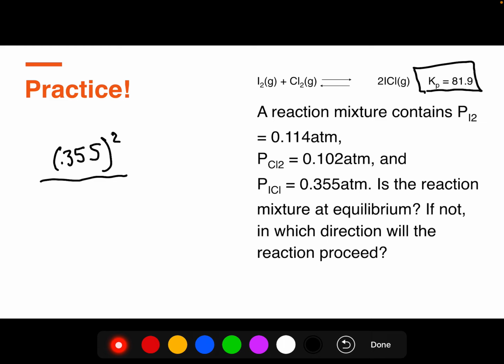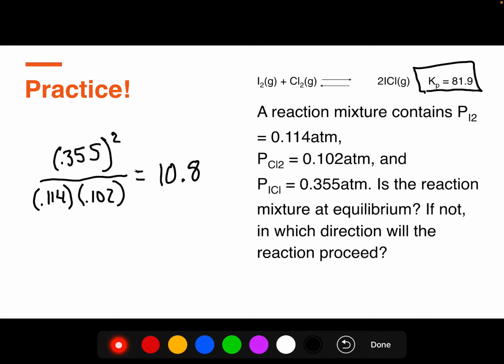We're going to do it the same way as we would with concentration. We have an I2 concentration of 0.114 and no coefficient. Then we have a Cl2 concentration of 0.102, no coefficient. So let me type this into my handy dandy calculator here. I got an answer of 10.8.